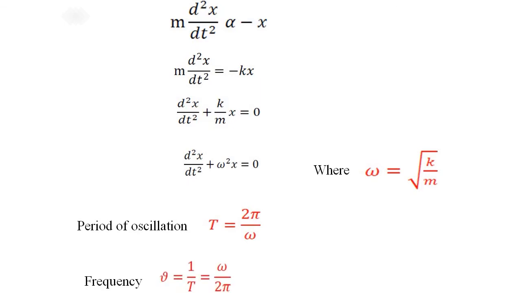Frequency equals 1 by T, that is omega by 2 pi. The period is the time interval in which the motion repeats, and frequency is the number of times the motion repeats in 1 second.